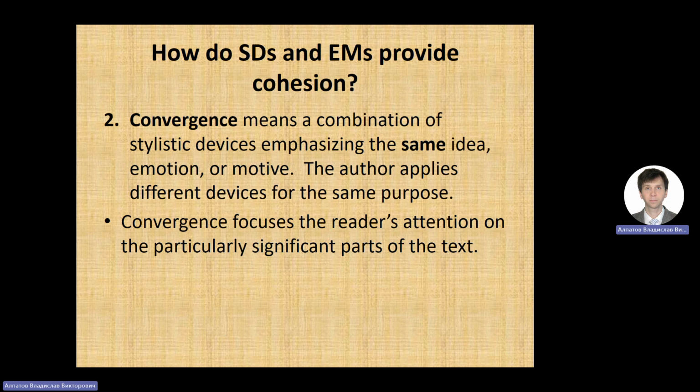So you want to achieve one aim, and to achieve it, you use a big arsenal of stylistic devices. They all converge, merge together, participate in something. Right? It is a combination of stylistic devices. It focuses the reader's attention on particular significant parts of the text.